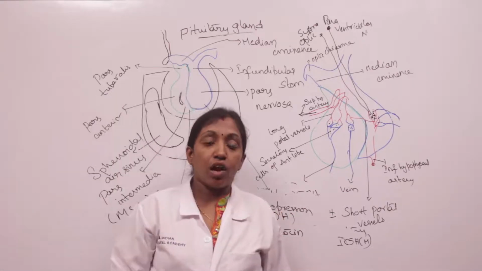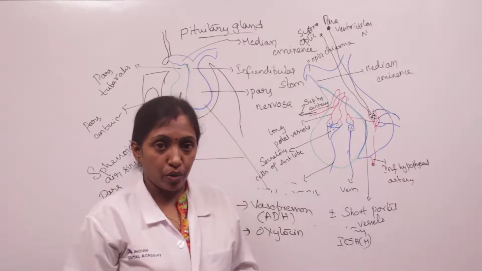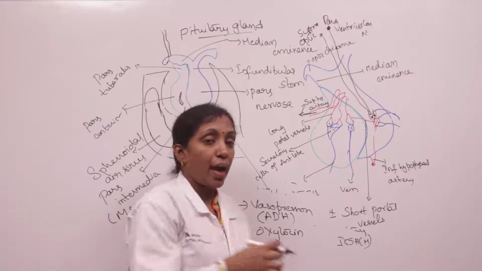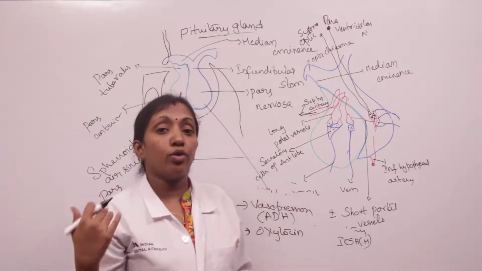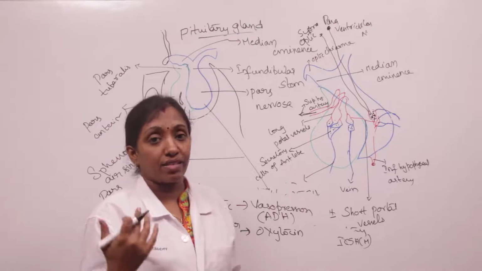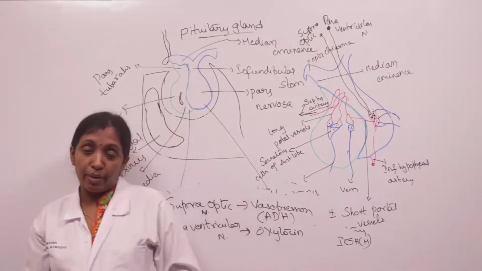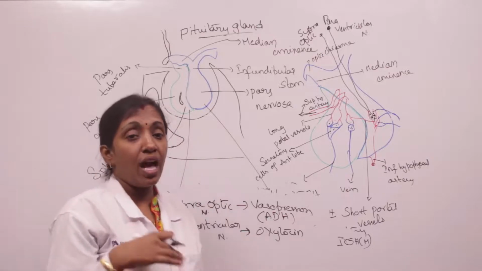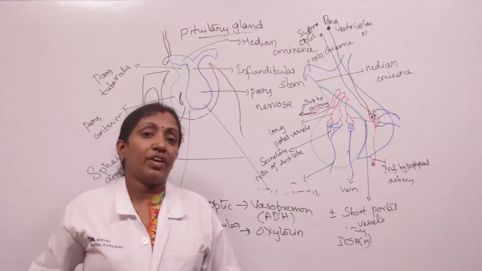It causes the absorption of water from the distal convoluted tubule. If vasopressin is absent, we excrete an excessive amount of urine, because vasopressin allows concentrated urine by absorbing water from the distal convoluted tubule.